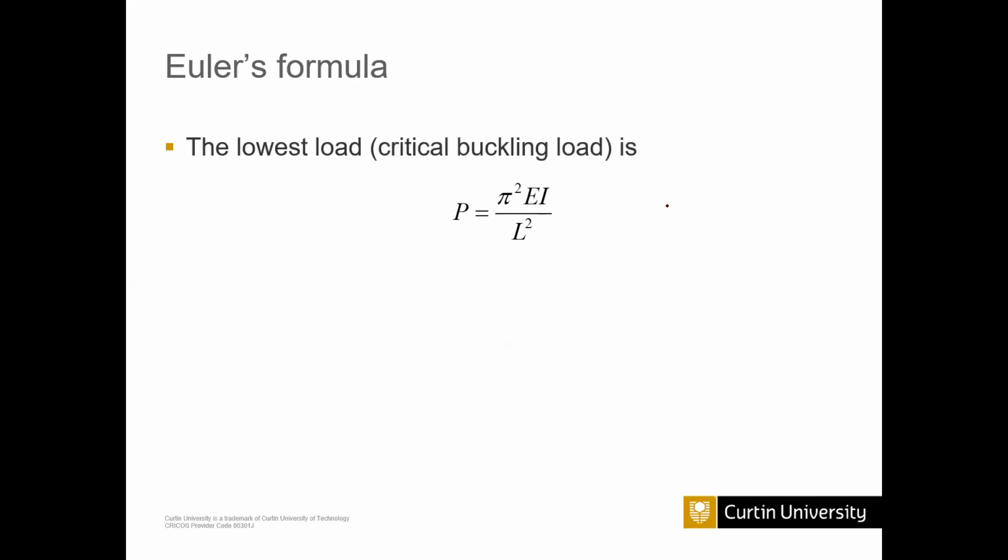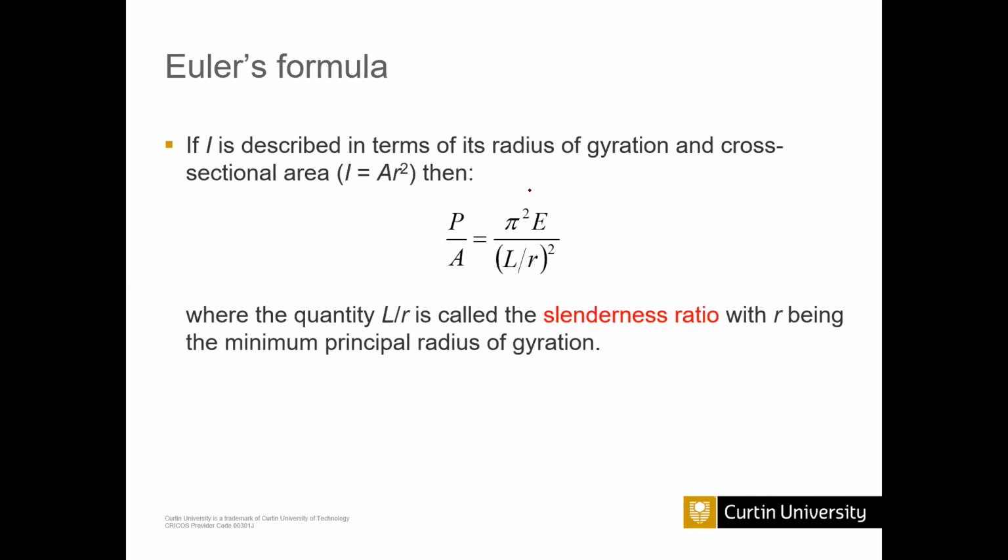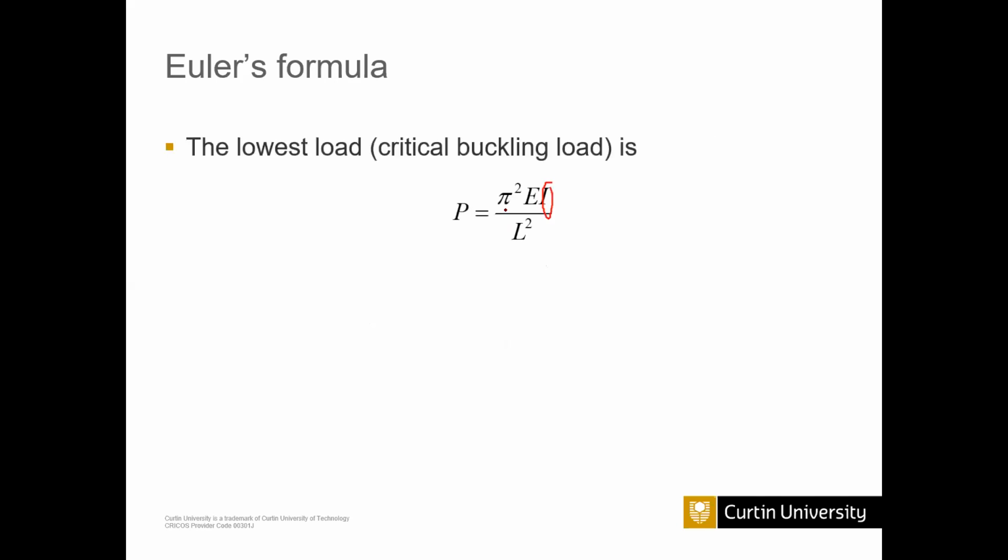So we substitute I as A R squared. So R will be put in the bottom with L squared, then A will be moved over to make P upon A. Okay. So substitute for I in here. That's all the thing in here. Okay. And n equals 1 in here.